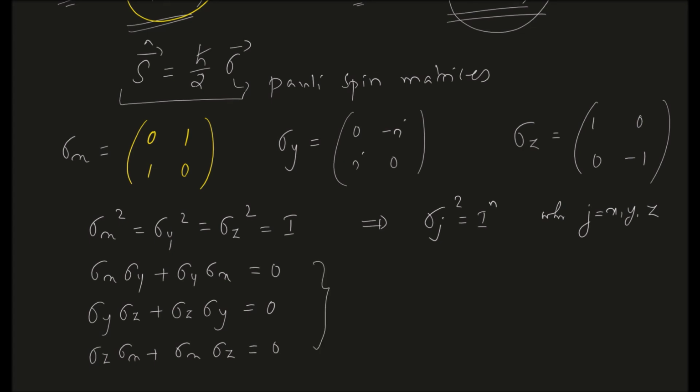Pauli spin matrices are anti-commuting. So in general form you can write sigma j sigma k plus sigma k sigma j equal to 0 for j not equal to k.